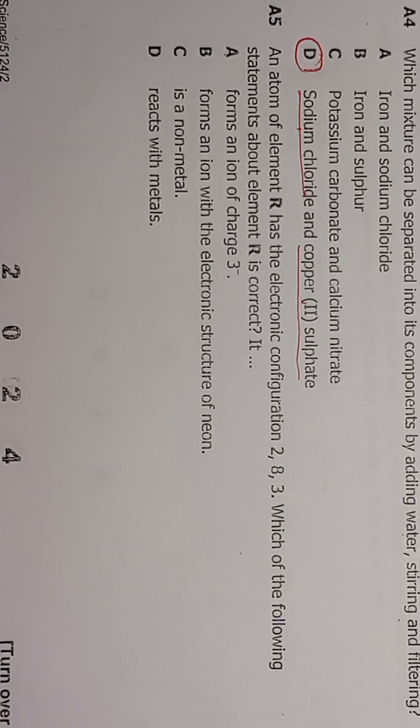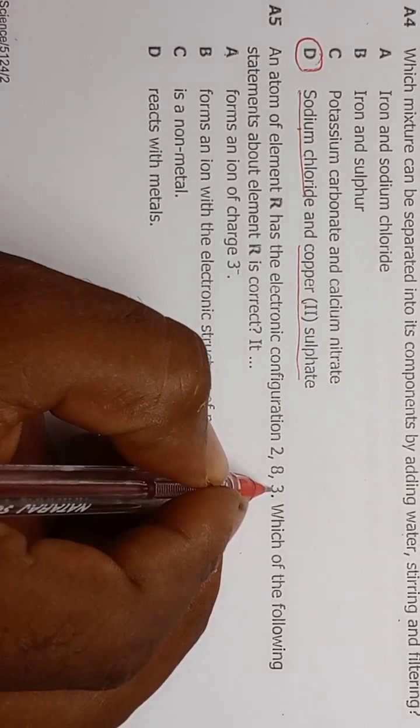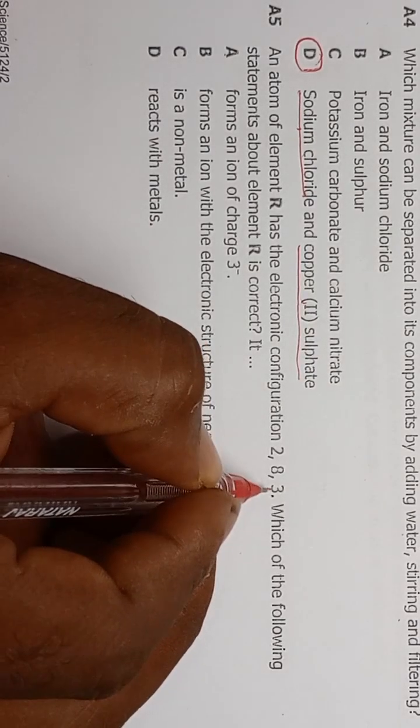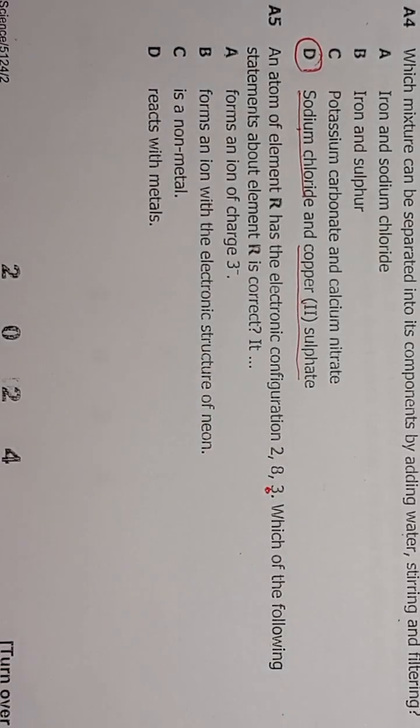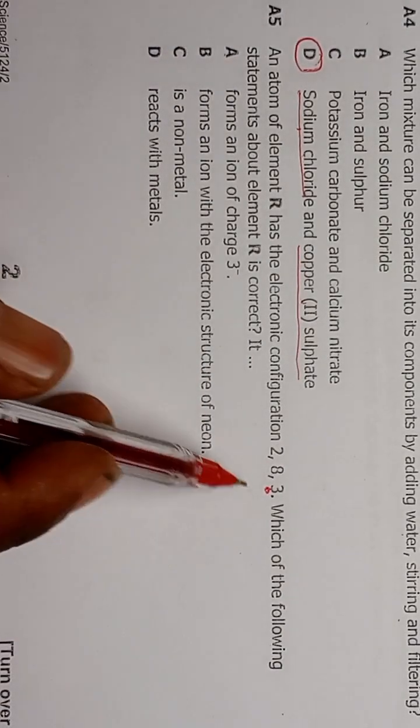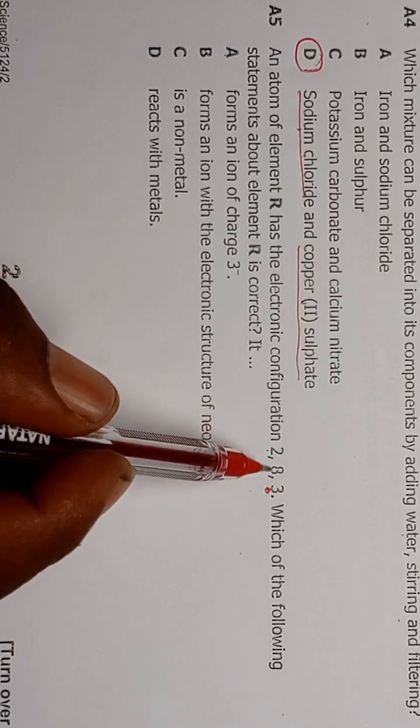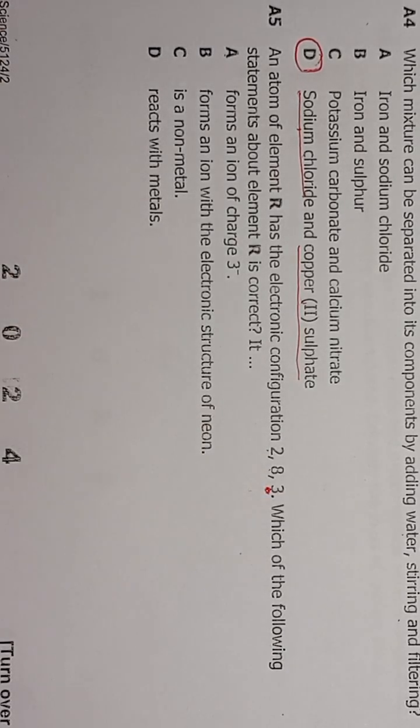The first thing that we have to do is identify this element R. Element R is in group 3. Why are we saying it is coming from group 3? It has 3 electrons in its outermost shell. It is coming from period 3, because the number of shells tells us the period.